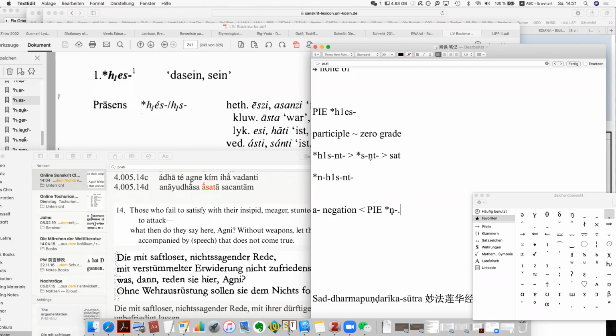And also we have other cases, right? This n, if you check English, you have unhappy, right? Unhappy, oder? Und unbekannt, this is German. This is German unknown.